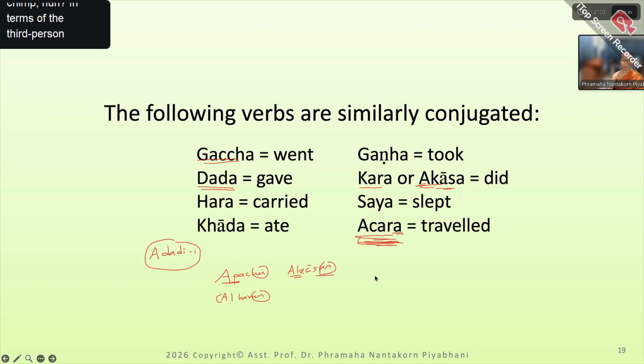In terms of the third person, akat, plural akat, akachum, akatchimsu. Usually people use this one; in many places they use this one. Akatchimsu. Sometimes akachum is used, but not usually. Usually they use akachimsu.